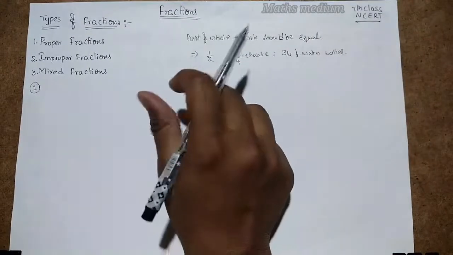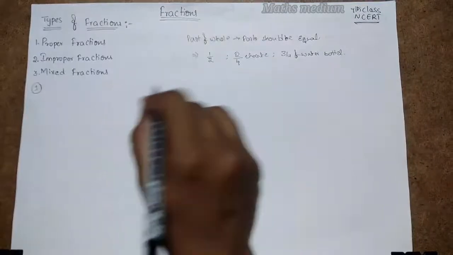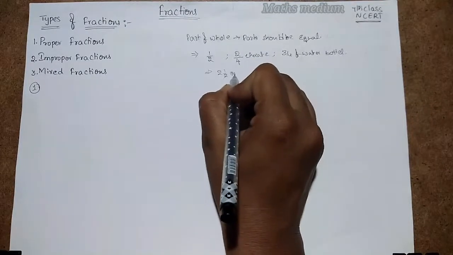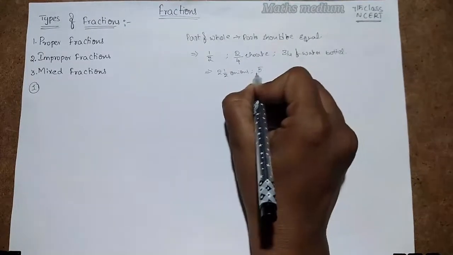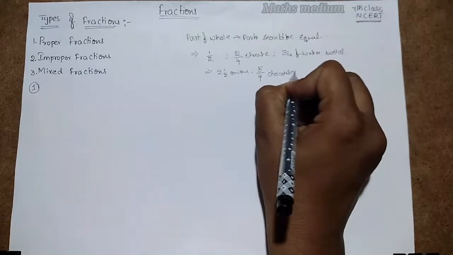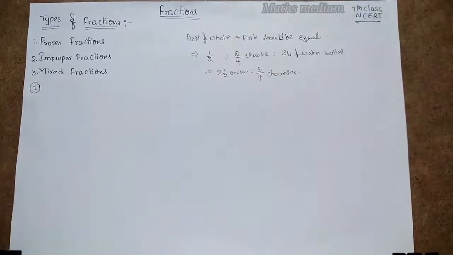In our daily life we can see proper, improper, and mixed fractions. Another example is 2.5 kgs of onions and a fifth part of the chocolate, etc. So these are our daily life fractions. We can say them as proper, improper, and mixed fractions.